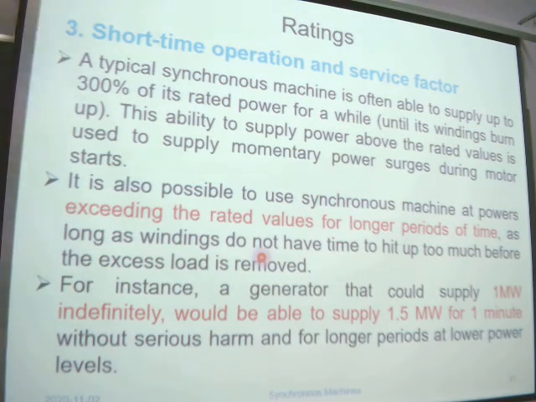And we'll see the short time operation. We know a machine can work at three times the rated power. We see the instance.